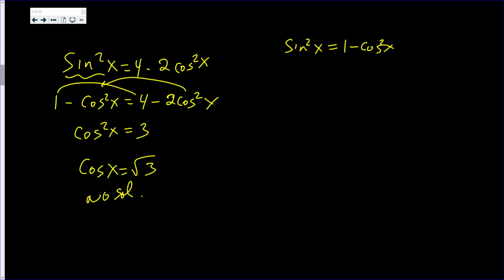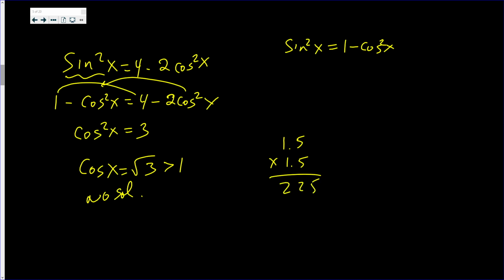You can't have the cosine of an angle being bigger than 1. That's bigger than 1. I mean, 1 times 1 is 1. What do you multiply by itself to get 3? I don't know, but it's more than 1. 1.1 times 1.1 is only 1.21. I know that 15 times 15 is 225.